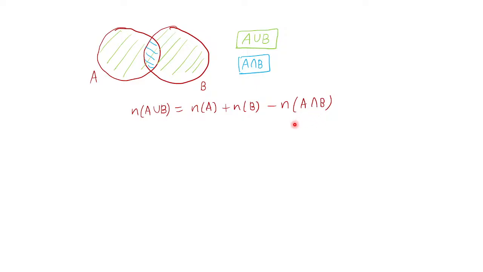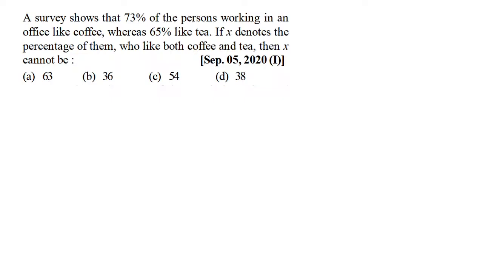I hope everyone is clear with this, and we can straight away go to the questions. If you want, you may take a note of this equation, and the questions ahead would involve its application. I hope everyone is fine and has taken note of it. Let's move ahead. Try thinking about this question.